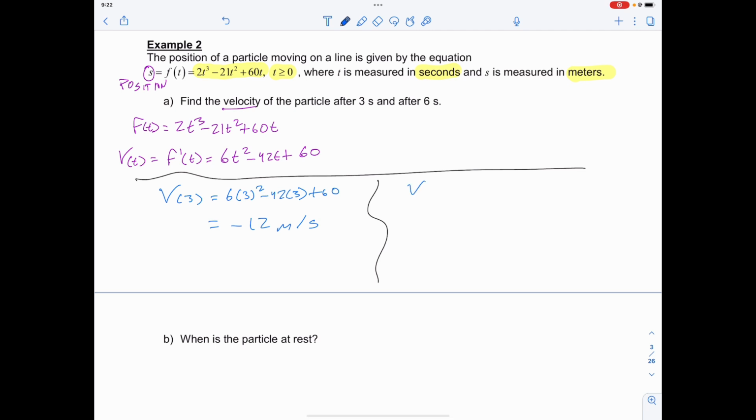If I take the velocity at 6 seconds, then it's going to be 6 times 6 squared minus 42 times 6 plus 60, and that's going to give me 24 meters per second. So at 3 seconds, it is moving in a negative direction, and at 6 seconds, it's moving in a positive direction.